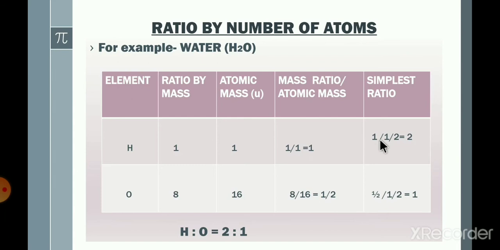So we will divide 1 by half, that comes out to be 2, and half by half, that comes out to be 1. So here it is proved that the ratio of hydrogen and oxygen atoms by number is 2:1 in the case of water. So students, here you are able to verify the ratio of number of atoms of various elements in a particular compound.